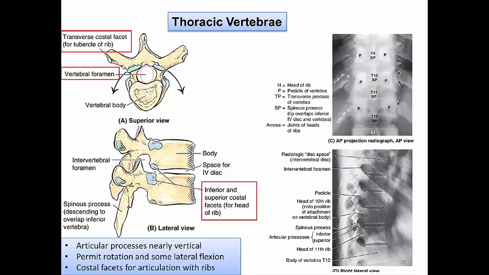The vertebral foramen is much rounder than we have seen in the cervical region. The vertebral body itself is much more heart-shaped. And the spinous processes are really long, and they overlap with the adjacent inferior vertebrae. Because the articular processes are nearly vertical here, they permit only rotation and maybe a little bit of lateral flexion, but they do not permit flexion and extension.